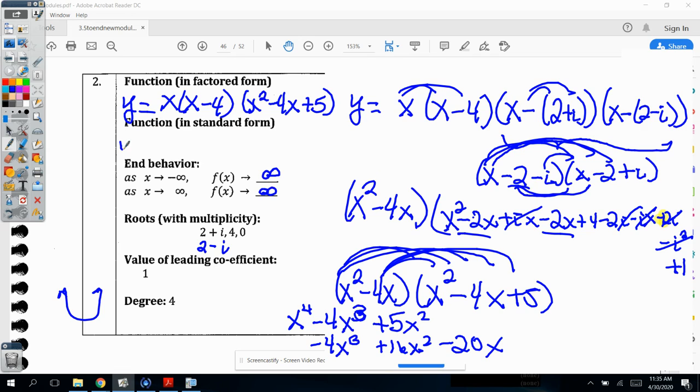Okay, so my standard form is that degree 4, like I thought it would be: x to the fourth minus 8x to the third plus 21x squared minus 20x.